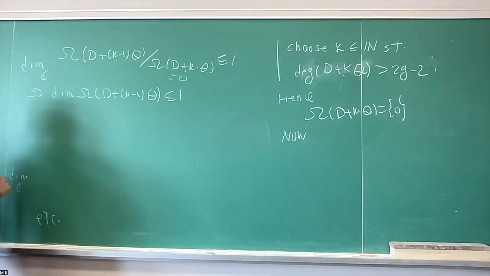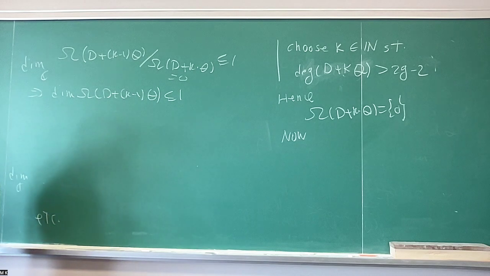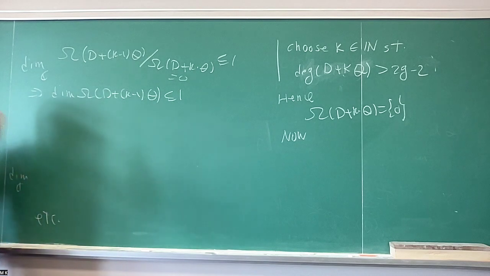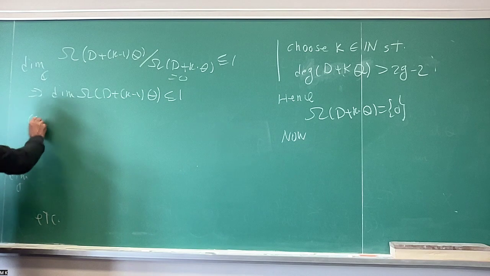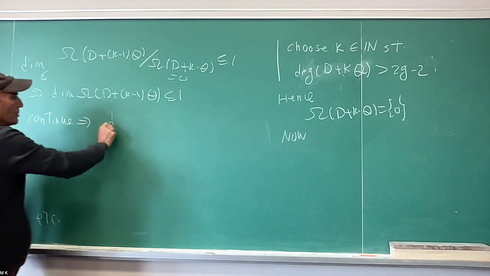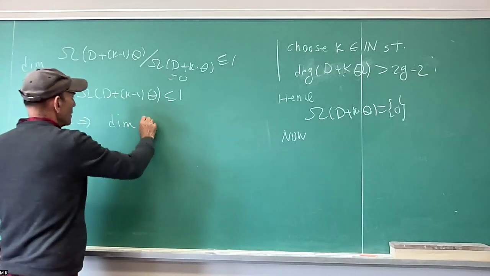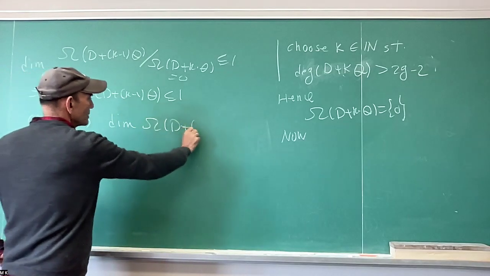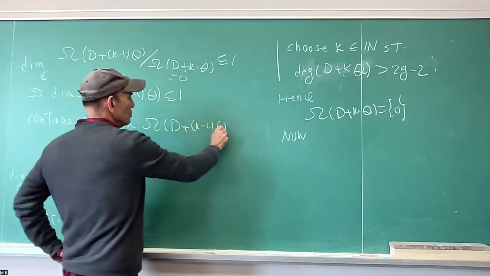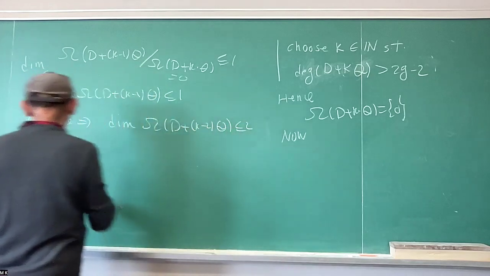By induction, we continue, and then you get that the dimension of omega of D plus (k minus 2)Q is less than or equal to 2.